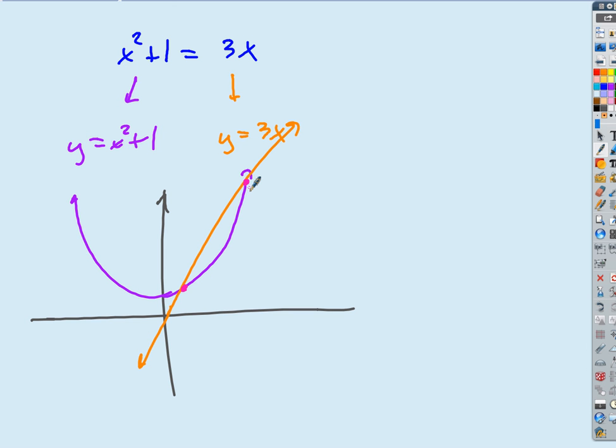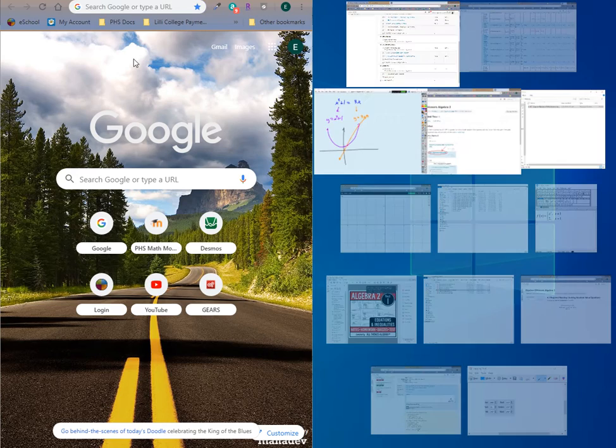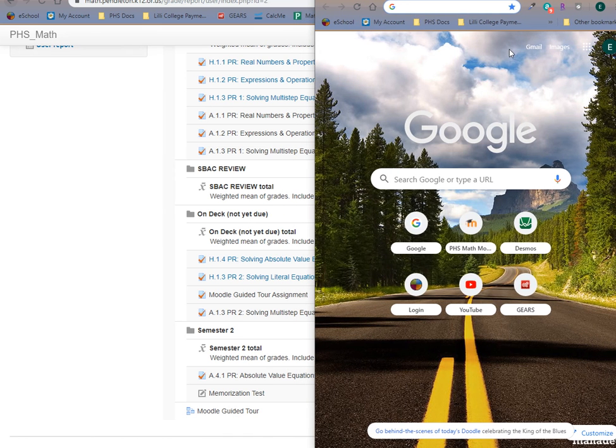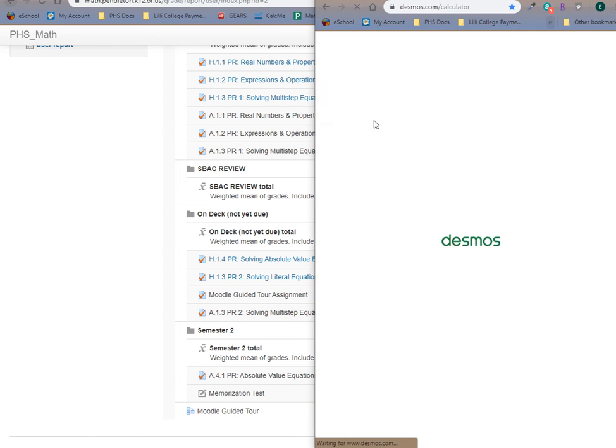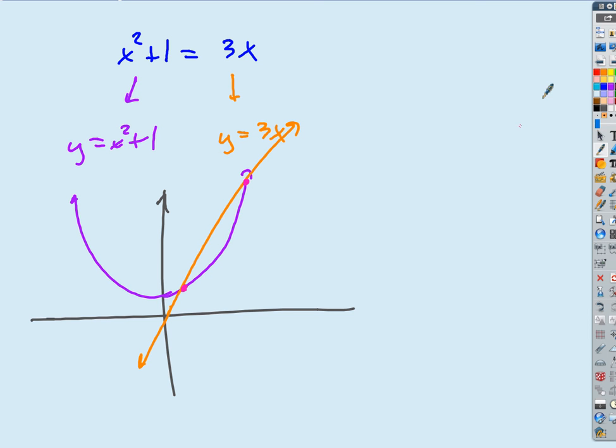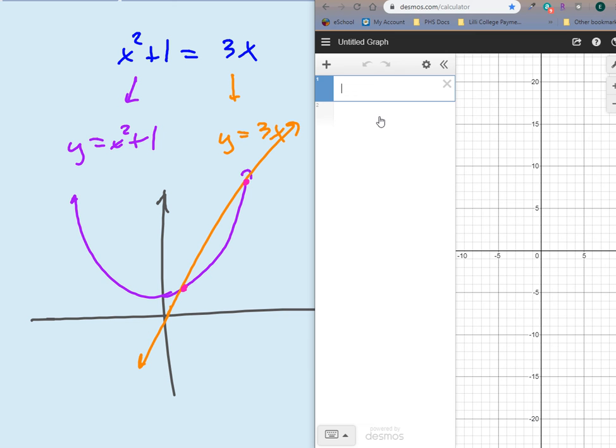And if I had a graphing utility, I'll show you how easy it is with a graphing utility. So if I pull up Desmos, for example, I can write it as a function, or I can even just write y equals x squared plus 1.